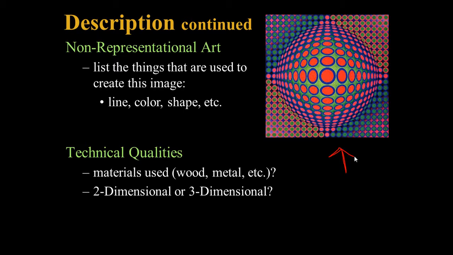But just knowing that what you're looking at here is a painting rather than a photograph of an actual object or something around us would be sufficient. So you could say it's two-dimensional and it appears to be a painting.